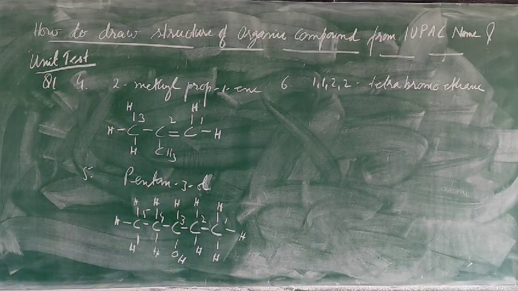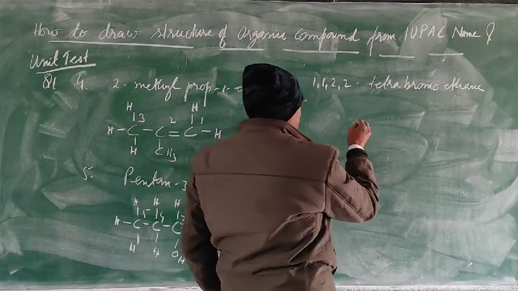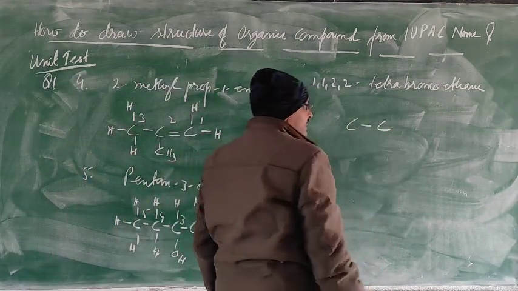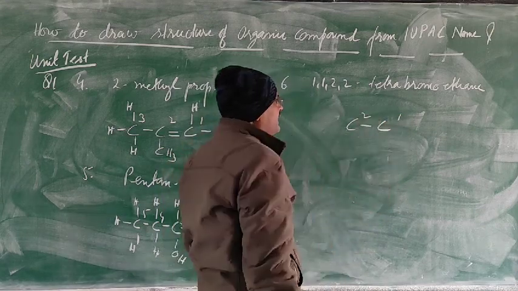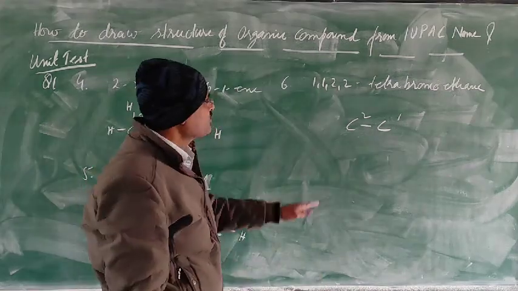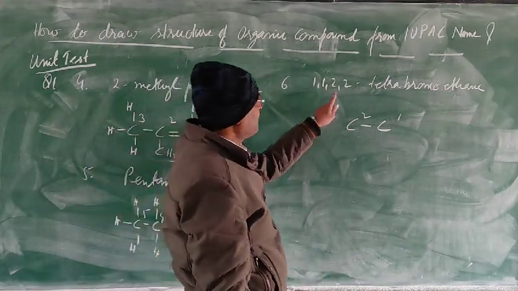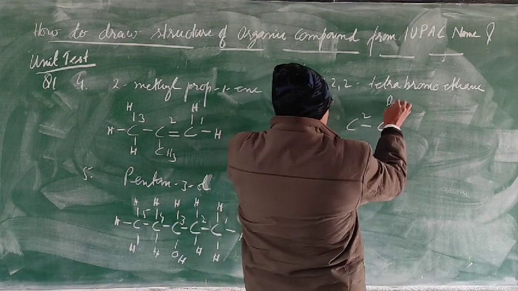So first of all, draw a chain of 2 carbon atoms. Do the numbering, 1, 2. It is given tetrabromo. It means 4 bromine atoms are there. One bromine is coming on the first carbon. So write here bromine.